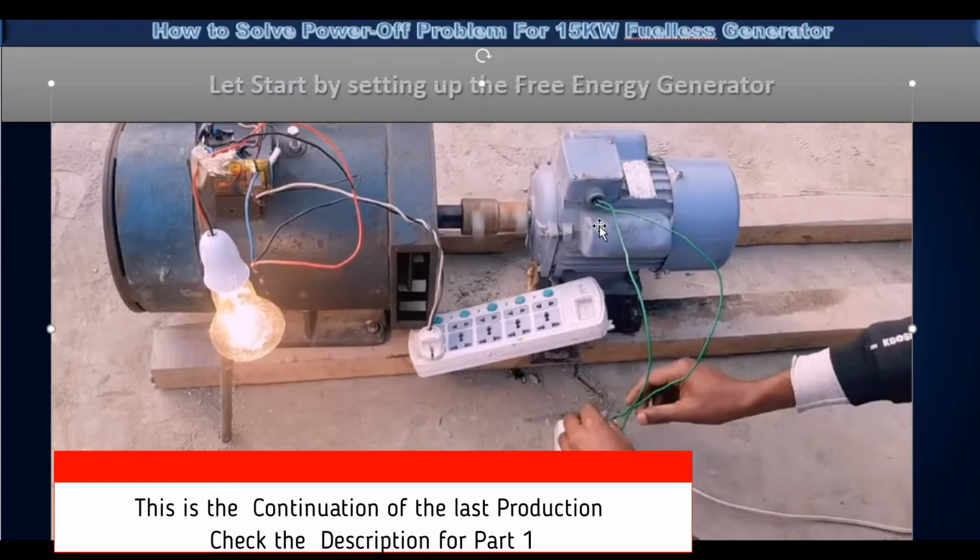The generator can run as long as possible. It can run 1 year, 2 years, if possible, 10 years, as long as this electric motor is not damaged or overheated. So let's take note, for those of you who ask the question.